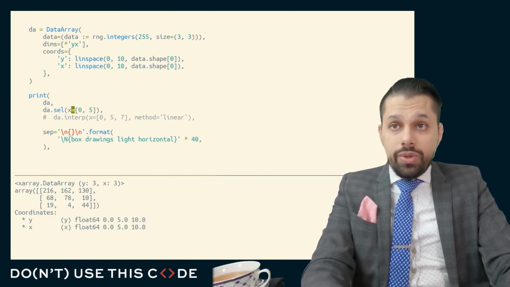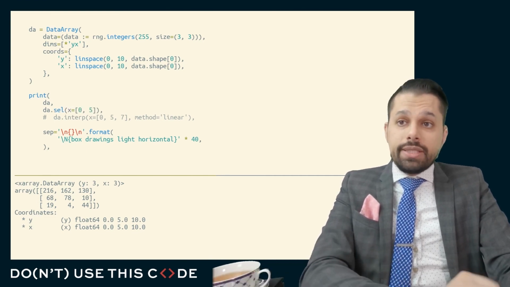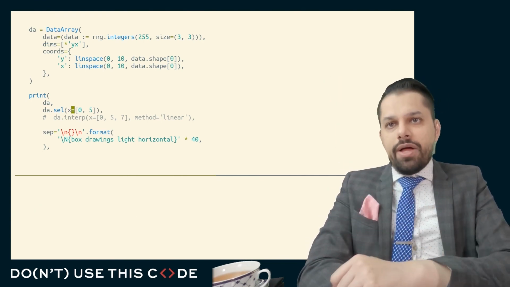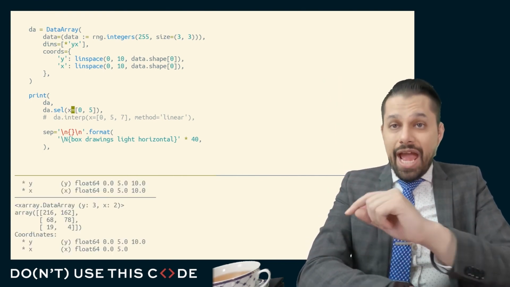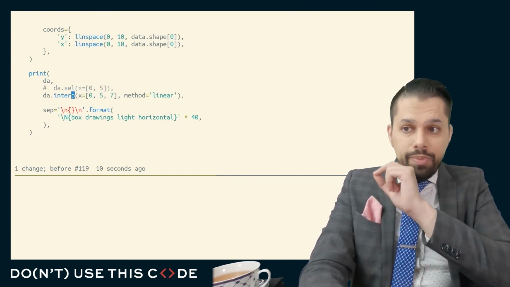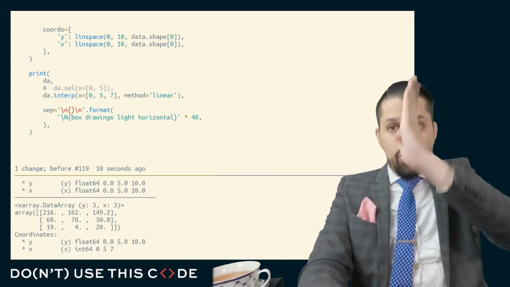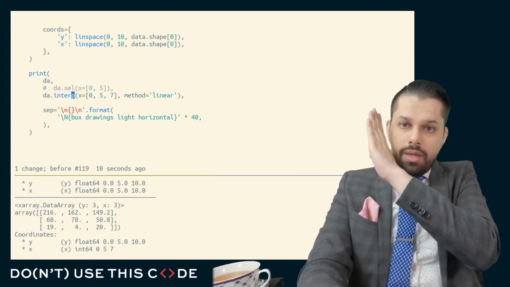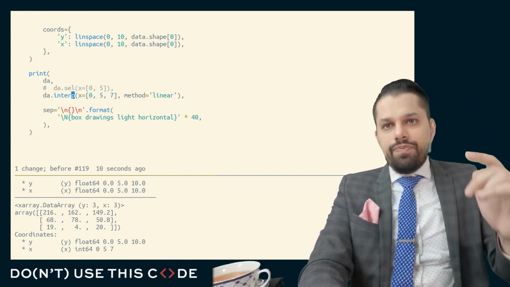And one of the things you can do with this is you can do selections. So select all of the slices of this image where the X value is 0 or 5. And you can do this with interpolation as well. So you can say, select all the points in this image at 0, 5, and 7, all those slices of that image, and linearly interpolate. The original data has X values of 0, 5, and 10.